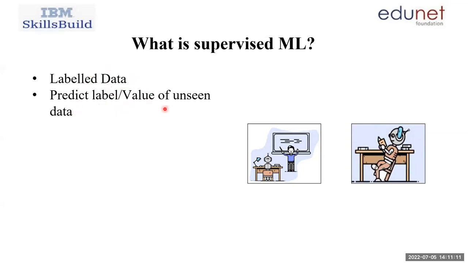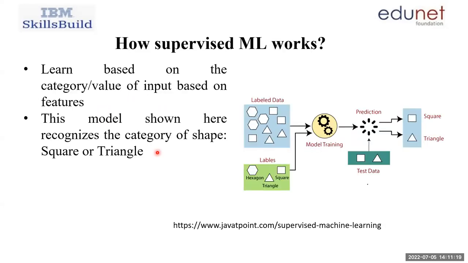In the case of supervised machine learning, it consists of labeled data and it predicts. There are two types of tasks for supervised machine learning, that is, prediction of a label or value of any unseen data. So how does supervised ML work? Here the concept of classification is explained. Some labeled data is here. Already this is the model we have developed using some machine learning algorithms.